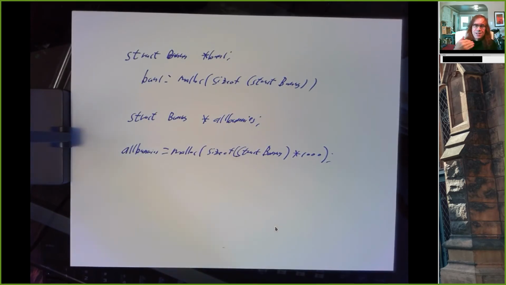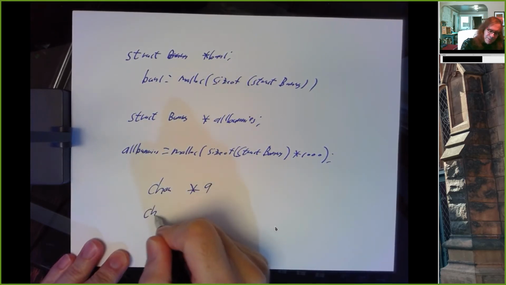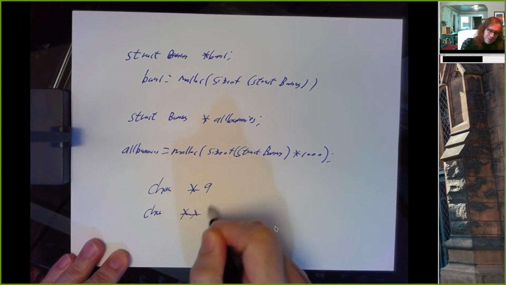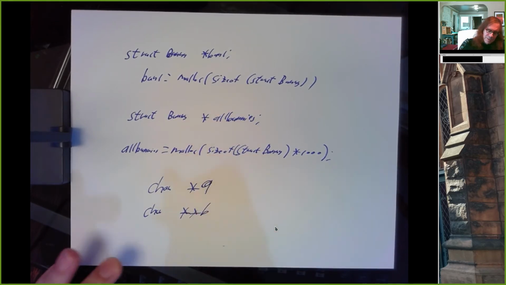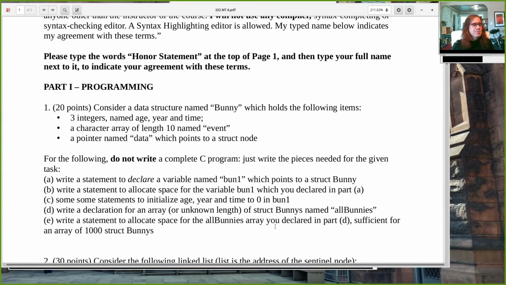It's worth going that extra final distance and playing around with it, and try it with cars. Do a car star A, do a car star star B. And play around with them in GDB and figure out how to make them do something understandable.